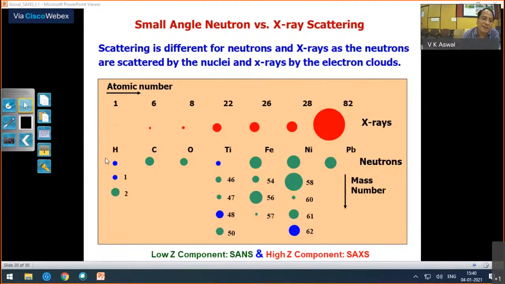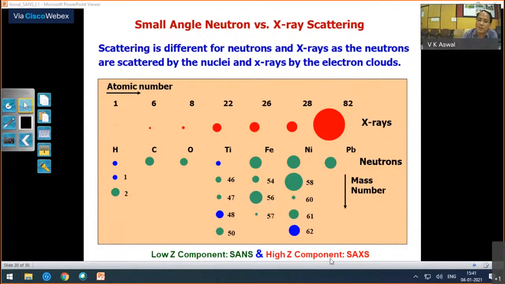And you have the advantage that you can see the low Z using neutrons, and within the isotopes, the scattering lengths are very different. Blue is for negative and green is for positive scattering length. So not only are the magnitudes different, but their signs are also different. So what does this mean? Whenever you have a high Z component and you want to see it, X-ray is always preferred.